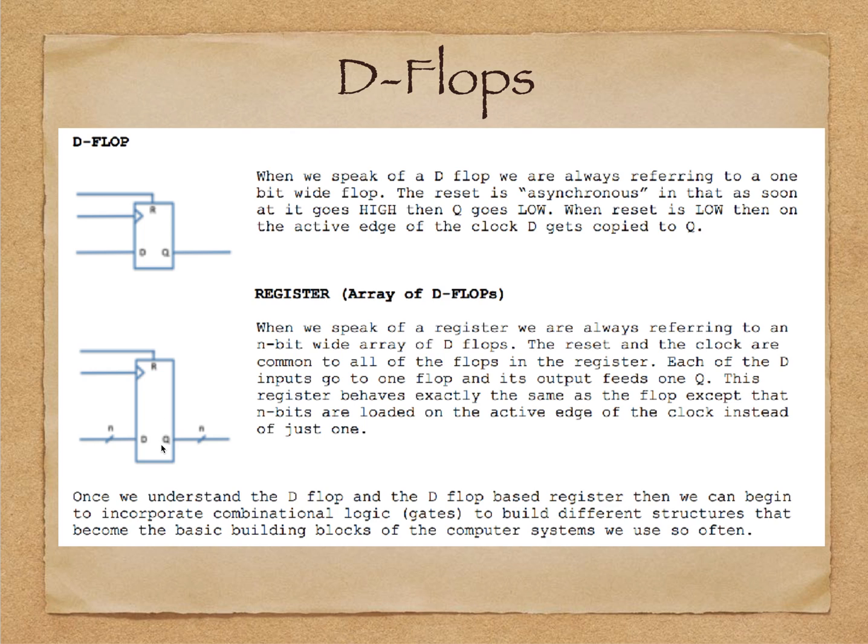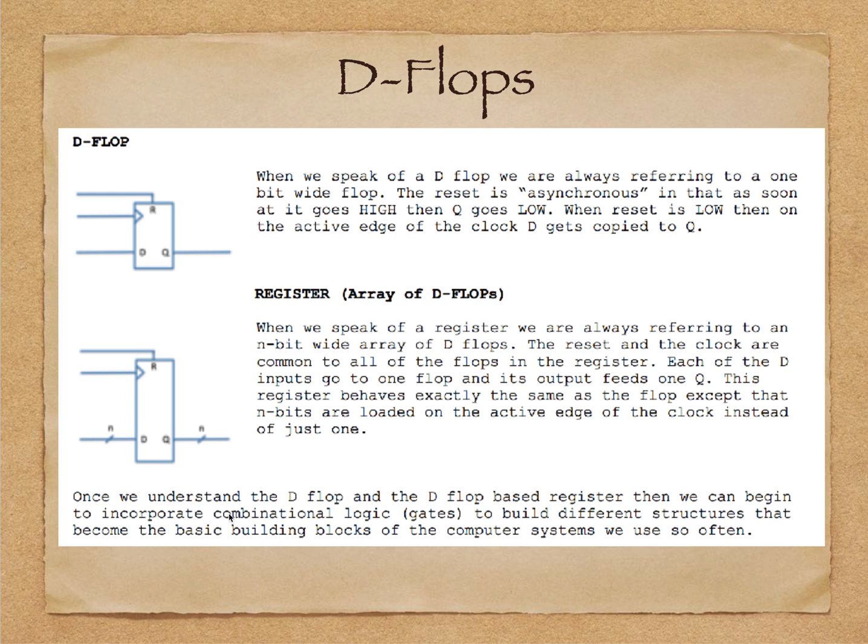It could be 8, it could be 16. There would be 8 or 16 flops all working in concert to build what we call a register. So once we understand how the D flop operates, we can understand how a D flop based register operates.